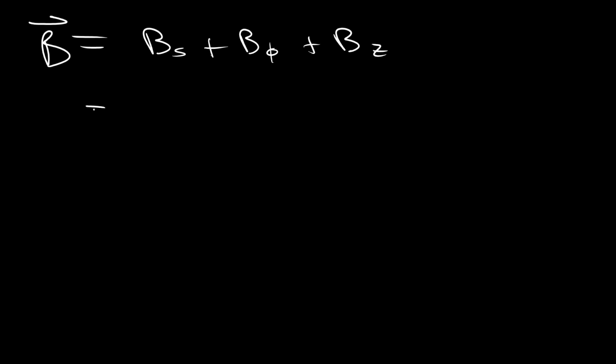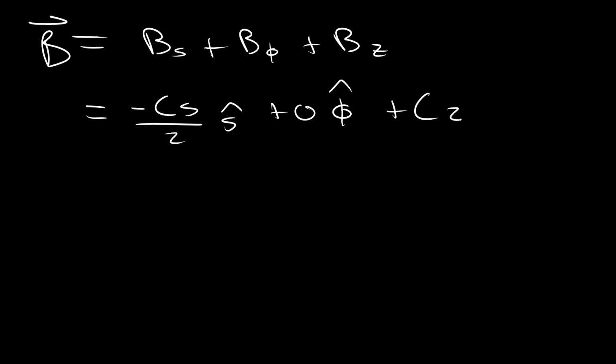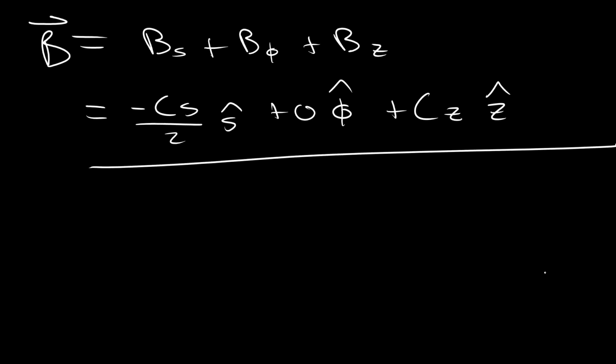So our B field is going to be minus CS divided by 2 s hat plus 0 phi hat plus Cz z hat. And this is our magnetic field. We just pieced together this cylindrically symmetric magnetic field in a current-free region with just knowing one original component.